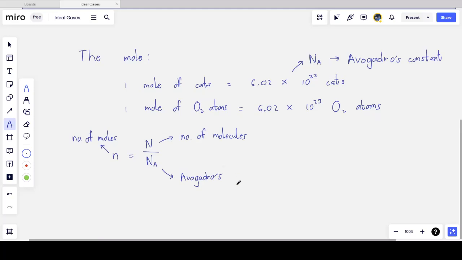This gives us the number of moles of substance. So if I know the number of molecules, I can quickly get the number of moles, which should be a number on the order of magnitude of 1 or 10 or something like that, generally.